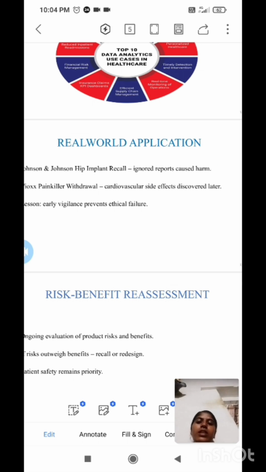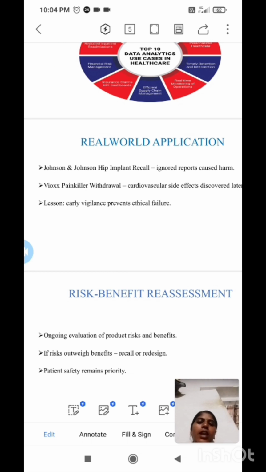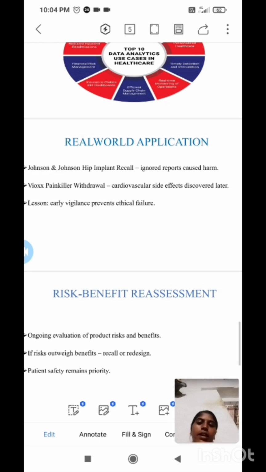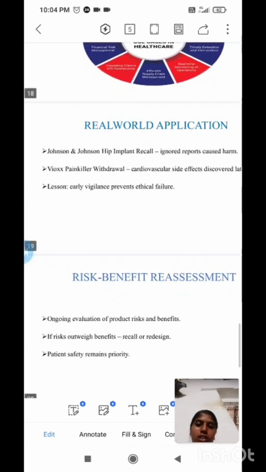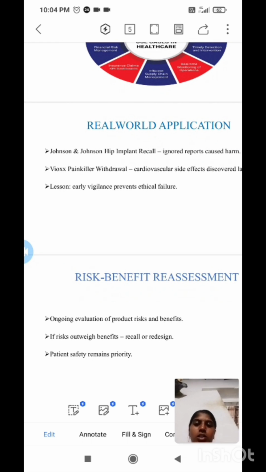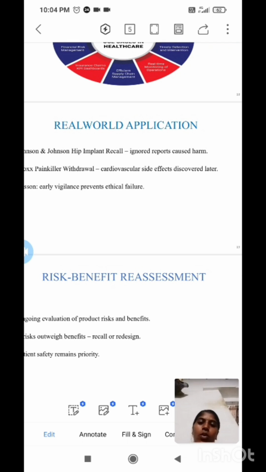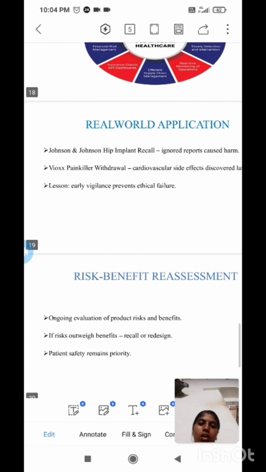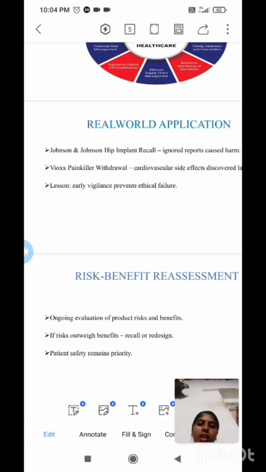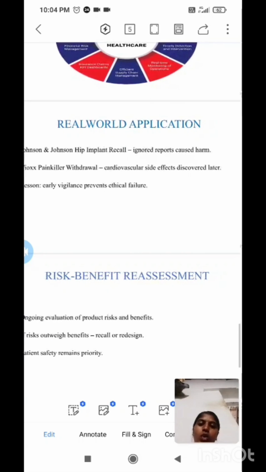So in our project, in our title, how can we relate it to real world applications? In real world applications: Johnson and Johnson hip implants recall, where reported harm was ignored. Vioxx painkiller withdrawal due to cardiovascular side effects.